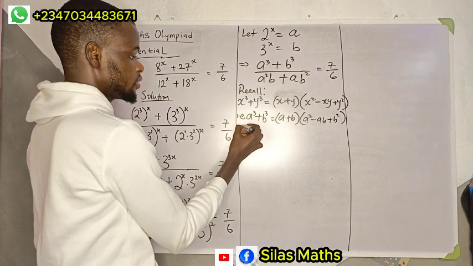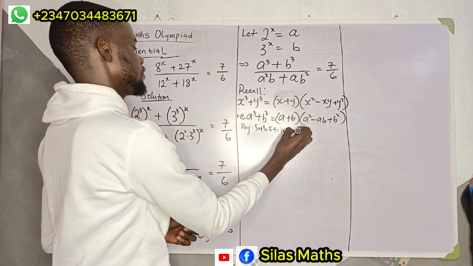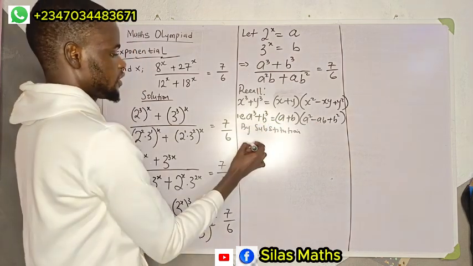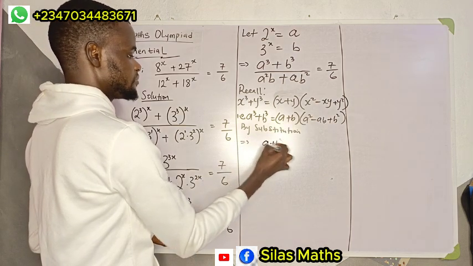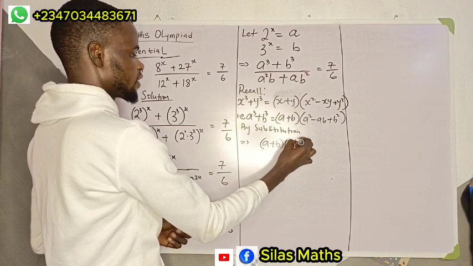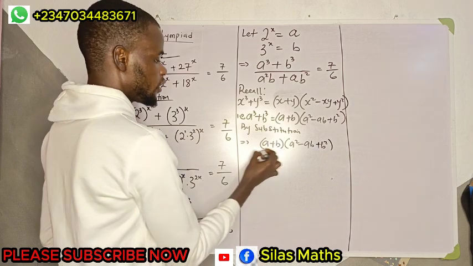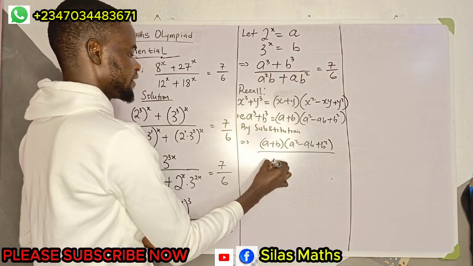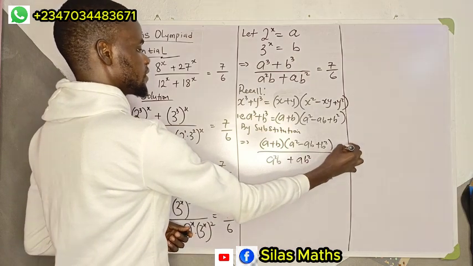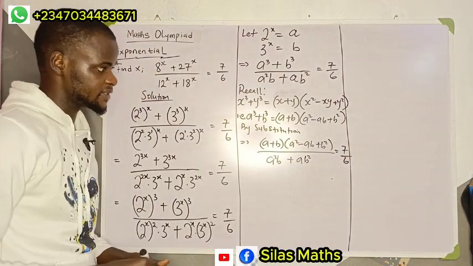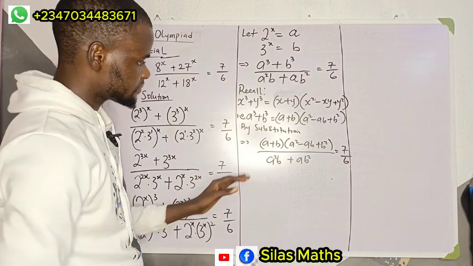So by substitution, the whole of this will now be at the numerator, that is a plus b, close bracket, a square minus ab plus b square, all over the denominator. I have a square b plus ab square equal to what? 7 over 6.